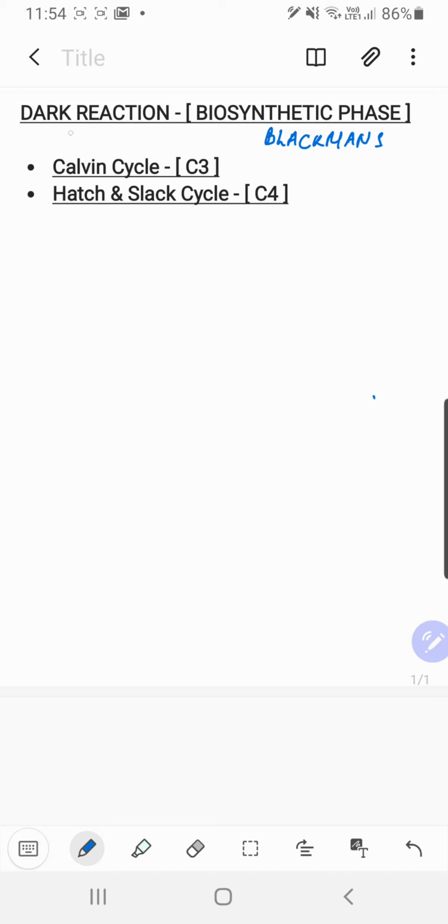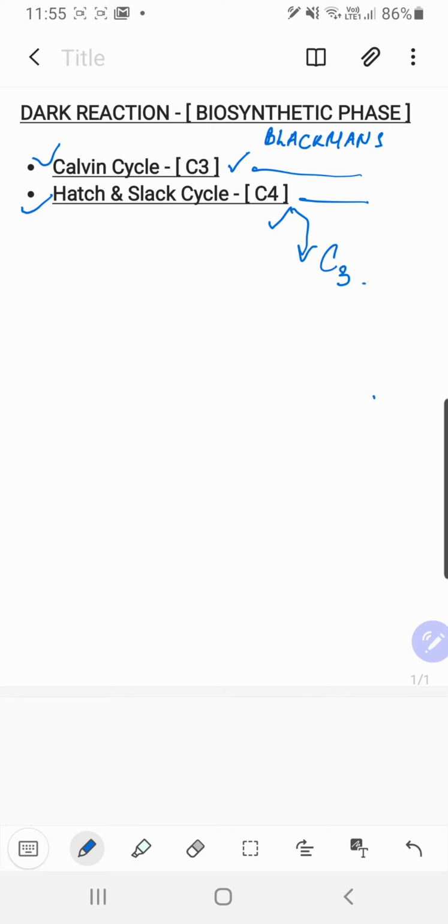So here you can see that I have written two cycles, the Calvin cycle and the Hatch-and-Slack cycle. It doesn't matter which cycle you are talking about, ultimately the Calvin cycle is going to happen. In the Calvin cycle it is automatically happening, right? In the Hatch-and-Slack cycle also, it doesn't matter what different procedure is followed, but ultimately it is going to come to the Calvin cycle only.